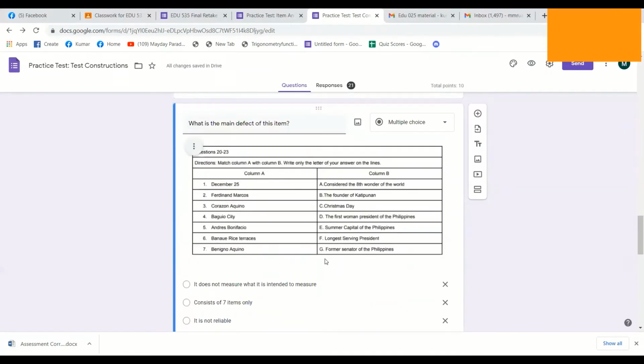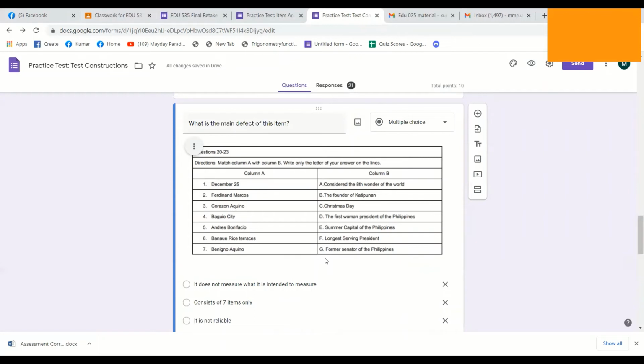Okay, another defect of this is that the longer statement should be placed at the left side in column A. Then there should be more options than the questions. And also options to be arranged logically.